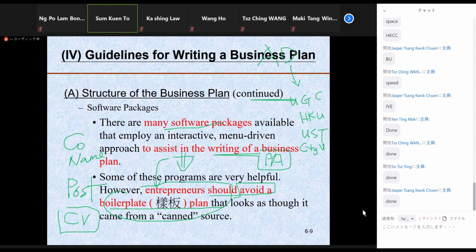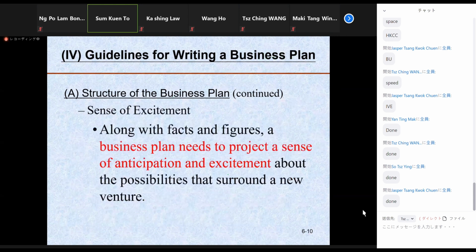The message I want to bring here is also for your business plan: don't just use people's standard template. You need to tailor make it to fit your product. I said you follow the traditional convention, but inside the content you must make it creative, interesting, so that Li Ka-shing says, wow, interesting.